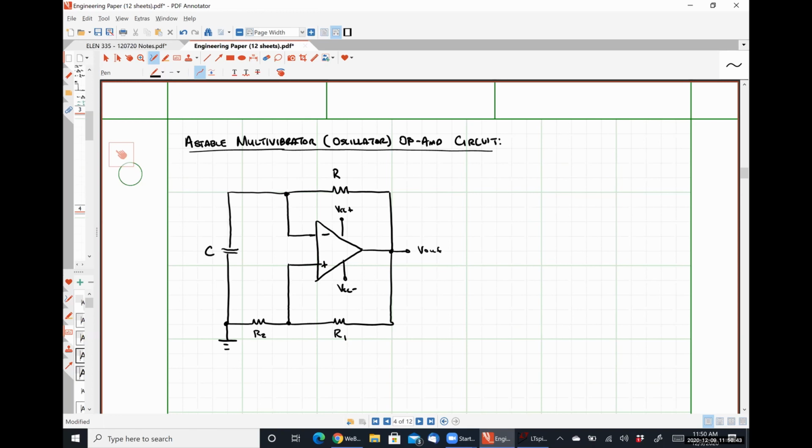So let's start. I know this is going to sound weird, but let's start by assuming that the output voltage is positive, okay?